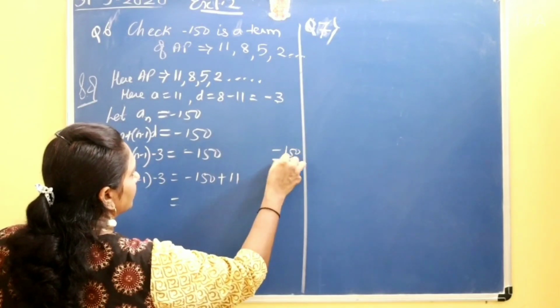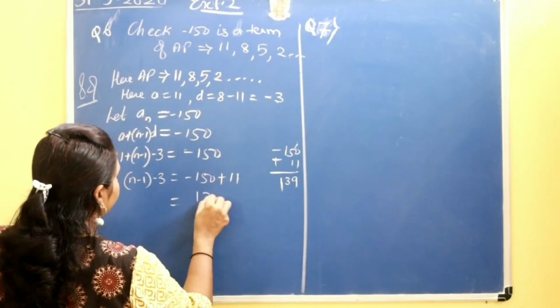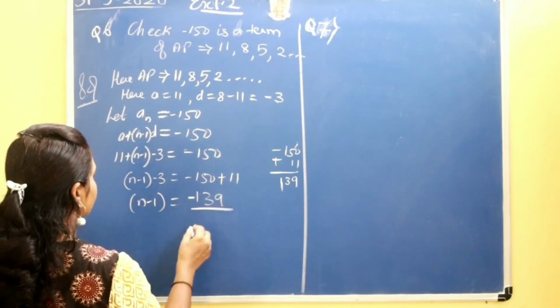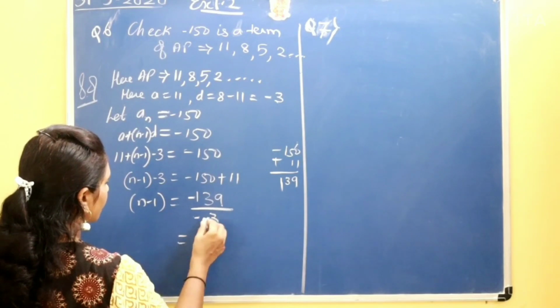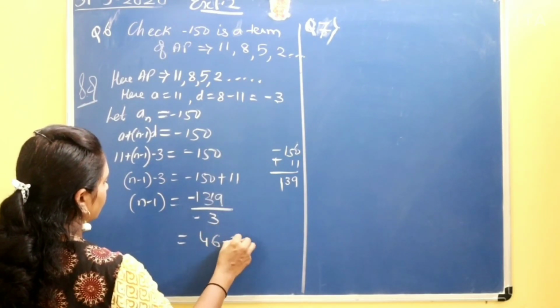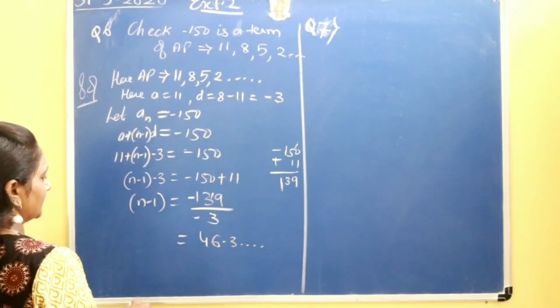If you take minus 150 plus 11 here, you will get minus 139. So N minus 1 will be minus 139 divided by minus 3. 3 4s are 12, 3 6s are 18. So it will be a recurring decimal, a fraction, 46 point something.